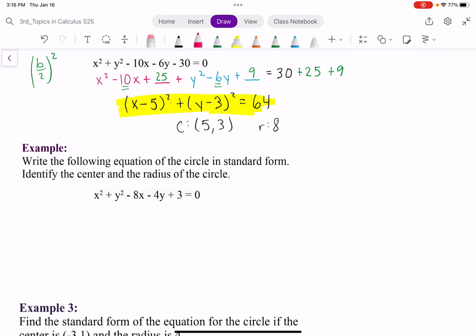So try the next one. If I half -8, I get -4. -4 squared is 16. For the other one, if I half -4, I get -2. -2 squared is 4.